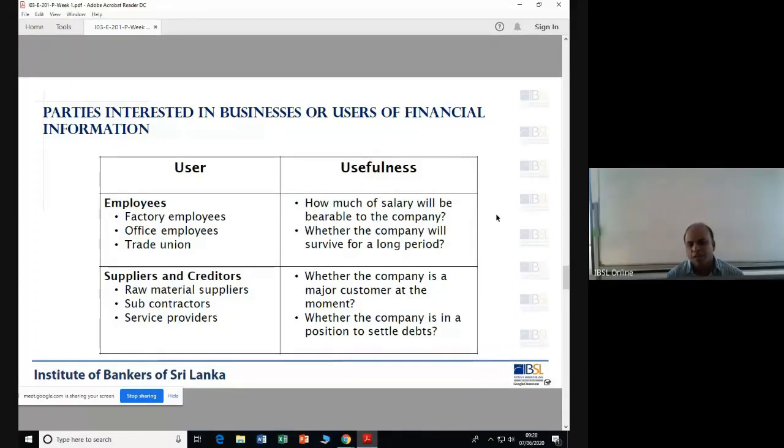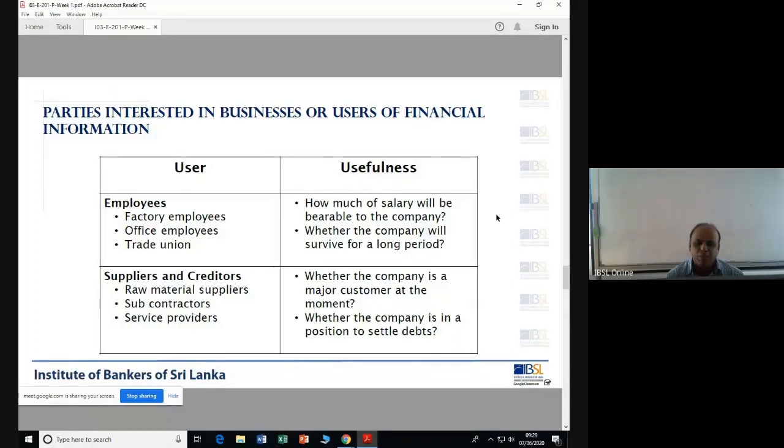Now, all of a sudden, your bank is showing signs of not performing well. Now, this will create a small question in the mind of this supplier. So I have been supplying stationery to this bank when the bank was doing well, and they were making all the payments to me on time. Now, all of a sudden, this bank is showing signs of not performing well, or they are having decreasing profits.